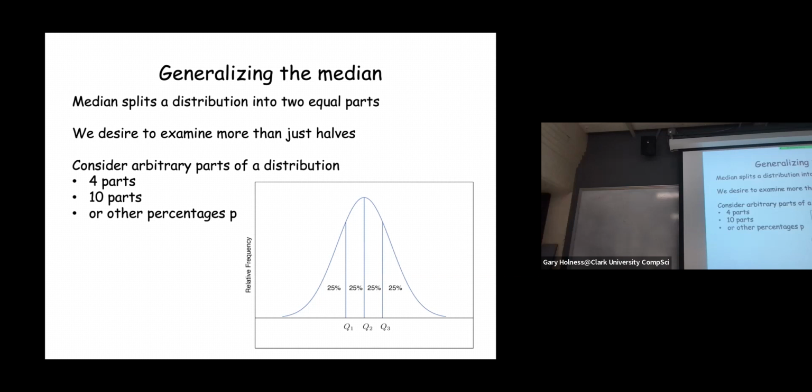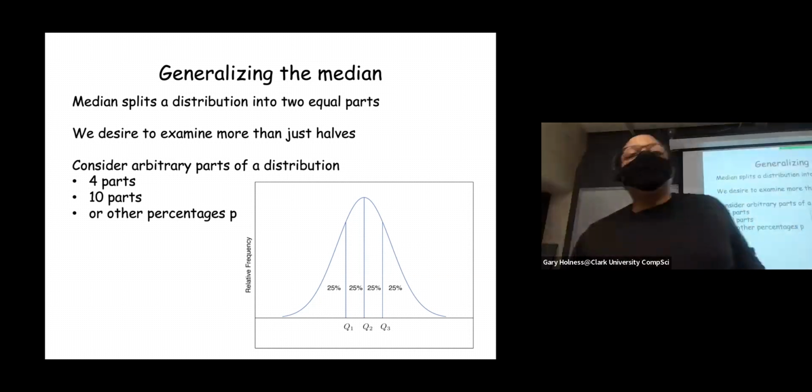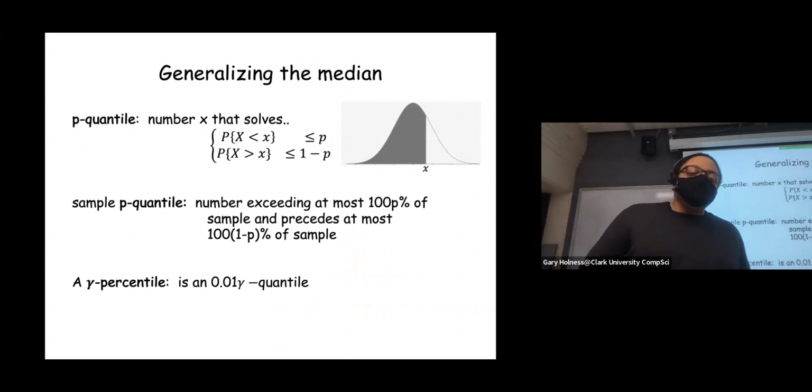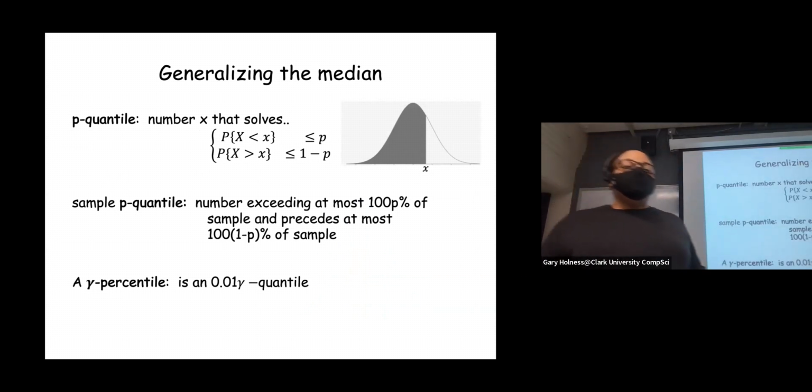Now, when you hear that someone is in the 90th percentile, that's a generalization of the median. You can divide up your distribution into arbitrary parts of arbitrary sizes, 25%, 10%, 90%, what have you. And so this generalization is called a quantile.